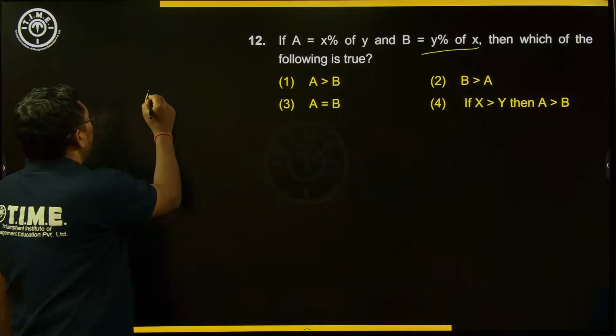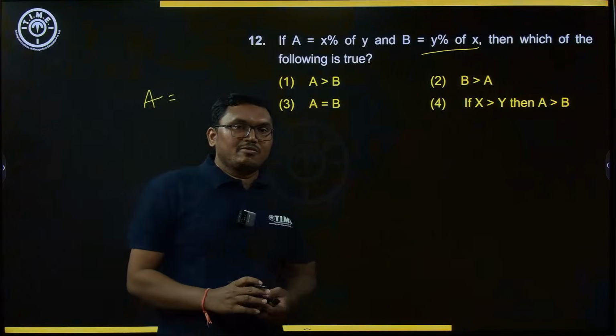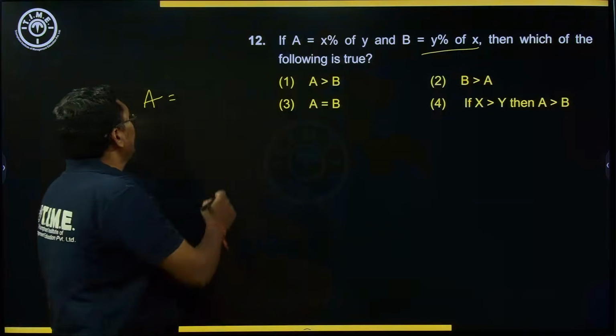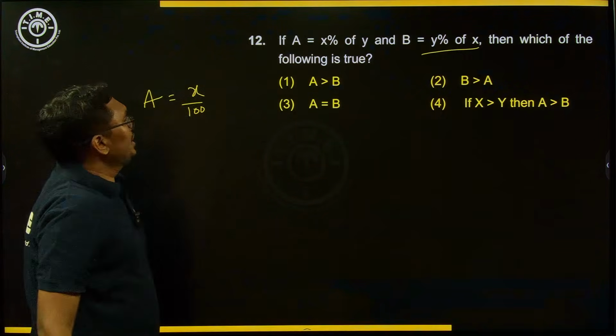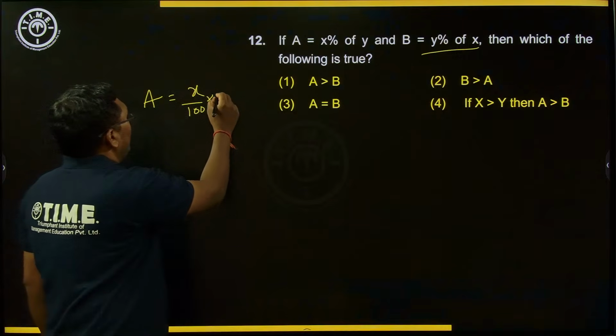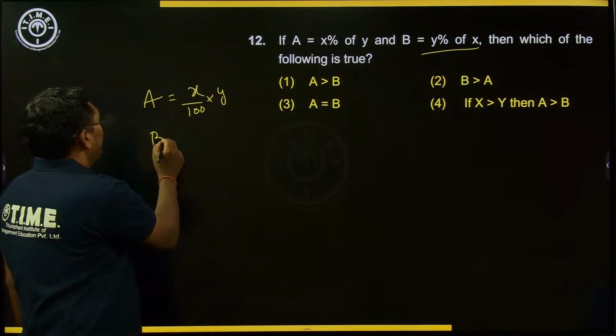So A is equal to what? X% of Y. X% of Y means what? X by 100 into Y, that is XY by 100, right? Next, what is B?